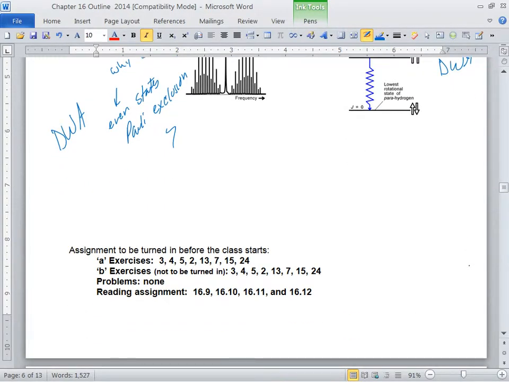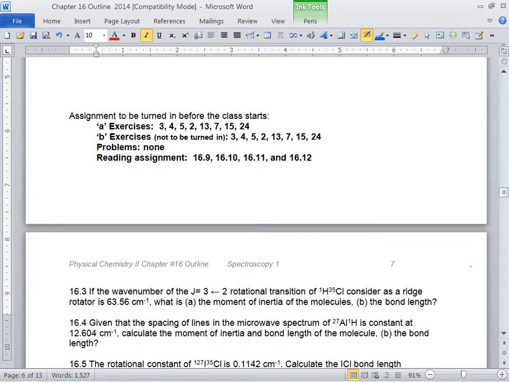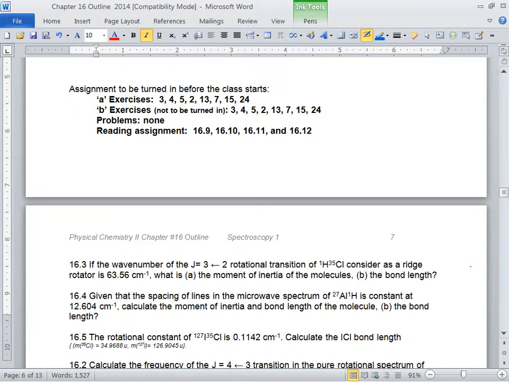So let's go ahead and take a look at some of these. If the wave number for the J 2 to 3 rotational transition of HCl, considered as a rigid rotor, is 63.56 wave numbers, what is the moment of inertia of the molecule and the bond length? Okay.